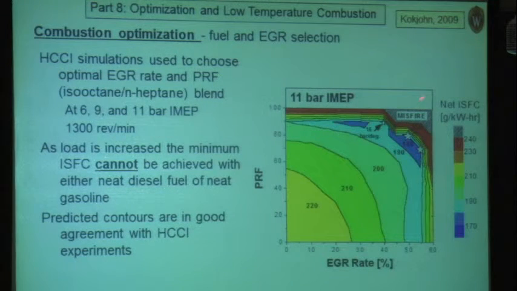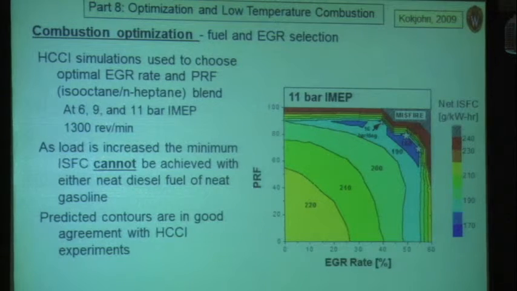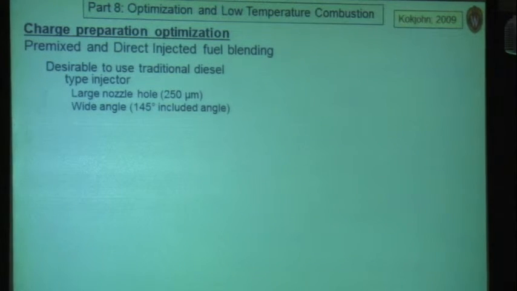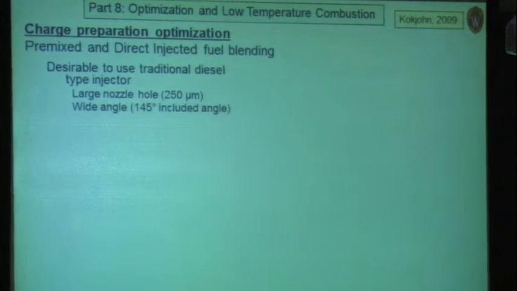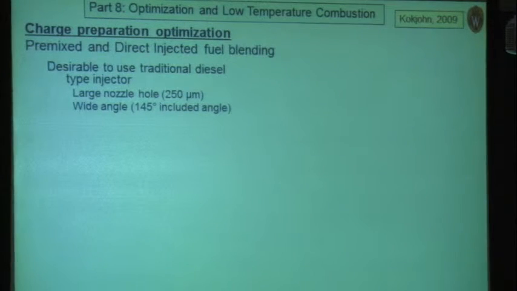You'll notice that you're moving to higher and higher octane numbers as you go up in load. So we thought, well, it seems like you're not able to use just one fuel, because depending on the load, you might want to have a more reactive fuel at light loads and less reactive fuel at high loads.